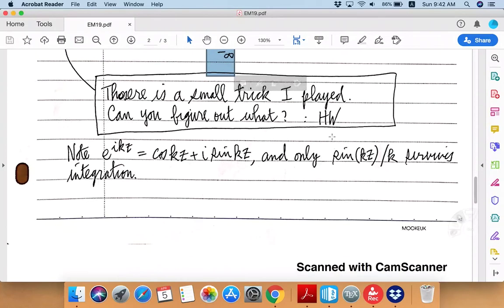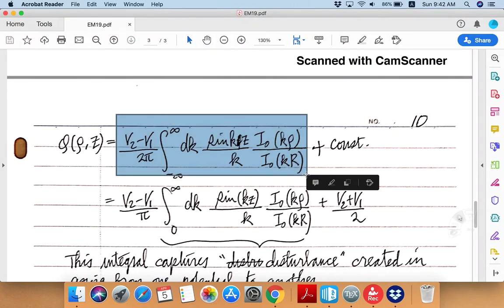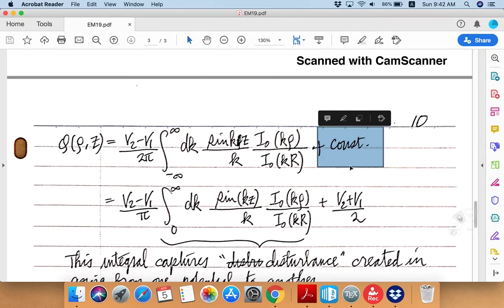So only this part will contribute to the integral, and therefore the final expression will simplify to something that looks like this. And you can always add an arbitrary constant without changing the physics. This constant is to be chosen in such a way as to satisfy the boundary conditions of the problem.